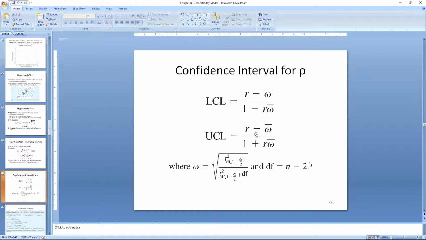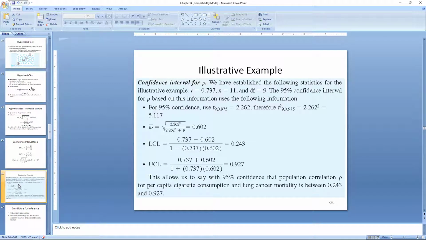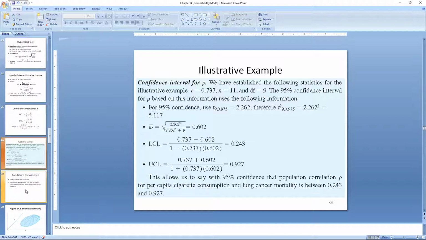Same in the bottom, but for upper we're going to use addition signs, where our W hat is going to equal the square root of t with degrees of freedom and 1 minus alpha, squared, divided by t with degrees of freedom and 1 minus alpha, plus the degrees of freedom. Note to square again, and degrees of freedom is equal to n minus 2. Here's an illustrated example if you'd like to look it over. There's more reading in the book you can go to.